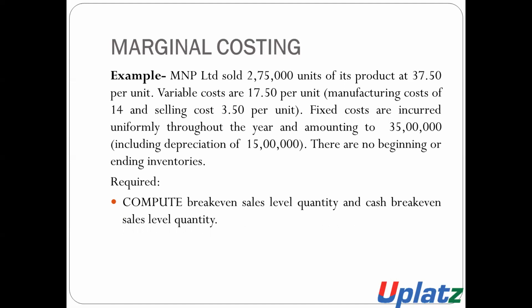On the basis of this information, calculate the break-even sale quantity and the cash break-even sale quantity. There are two requirements: first, compute the break-even sale quantity, and second, calculate the cash break-even sale quantity.